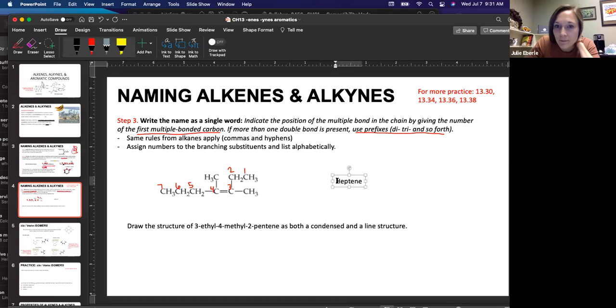That's my root parent name. I have just one double bond, and the first carbon in my double bond is a 3, so it's going to be 3-heptene. But now I have to account for any substituents and put those in as a prefix before this word. So what substituents do I have?